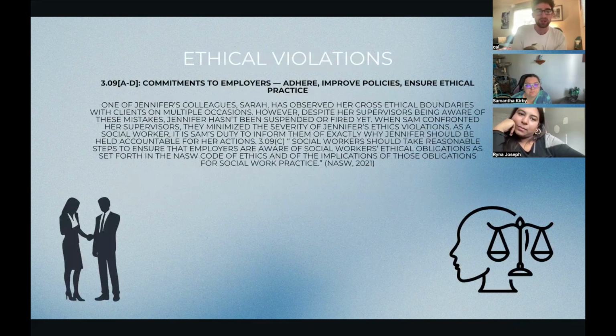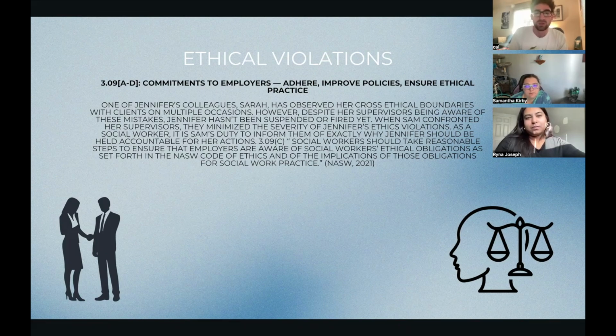And then finally, we have standards 3.09 A through D, which is all commitments to employers: adhere to and improve policies, and ensure ethical practice. One of Jennifer's colleagues, Sarah, has observed her cross ethical boundaries with clients on multiple occasions, in some of these scenarios we've mentioned previously.